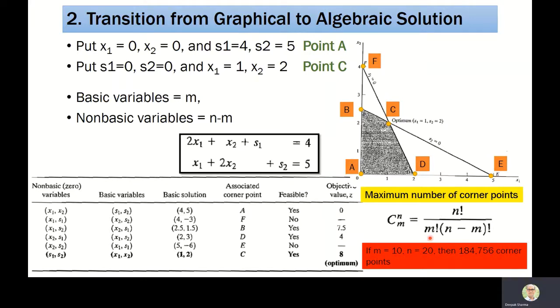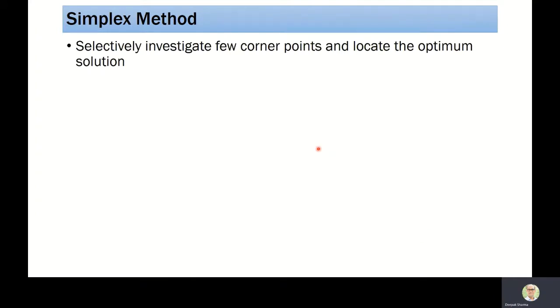So if for a given problem I am going to calculate the number of corner points, it can be a very large number depending on how many equations we have and how many variables after adding slack and surplus variables. So rather than calculating all the corner points, the simplex method investigates selectively a few corner points and locates the optimum. And this is what we want.